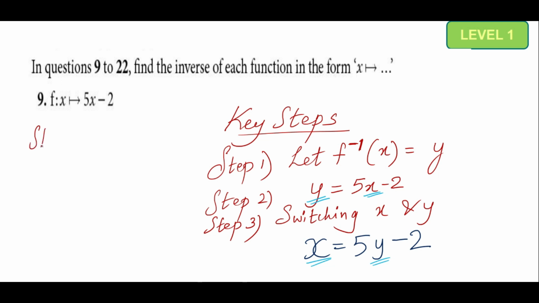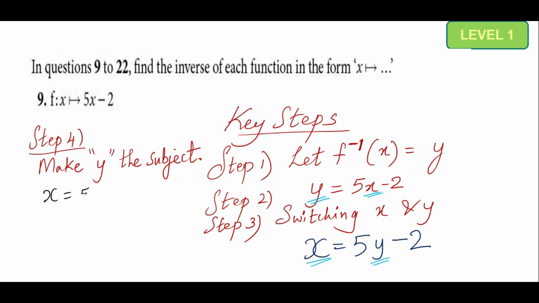Now step 4, which is the final step, will be make y the subject. That is by rearrangement. I have x equals 5y minus 2 from my previous step. So making y the subject, I will switch: x plus 2 is going to be 5y. So I want y alone.